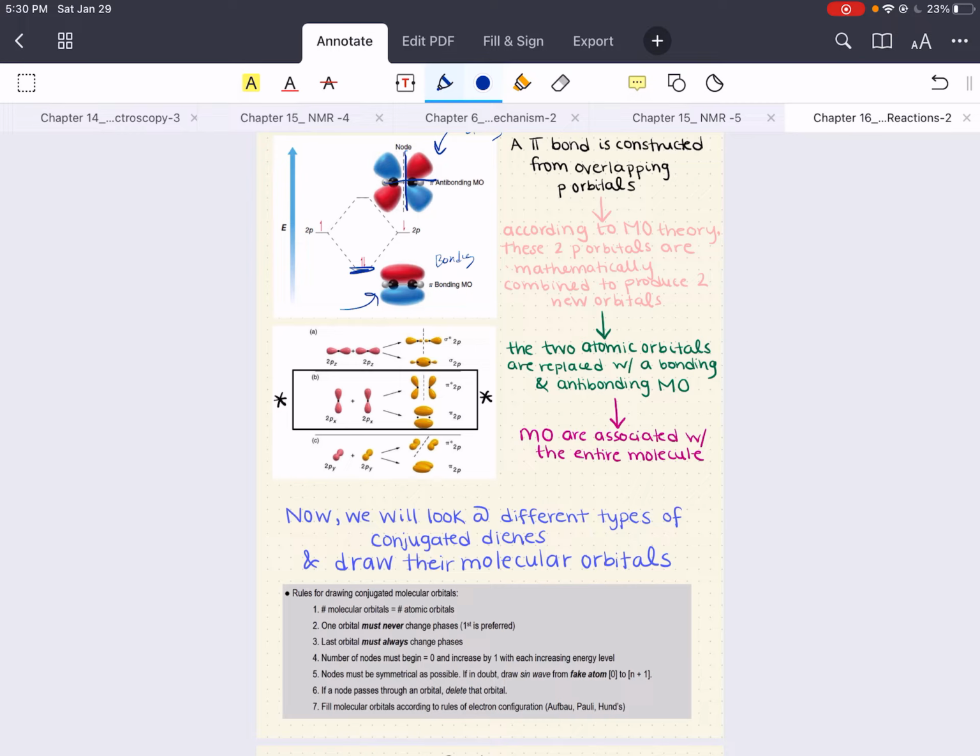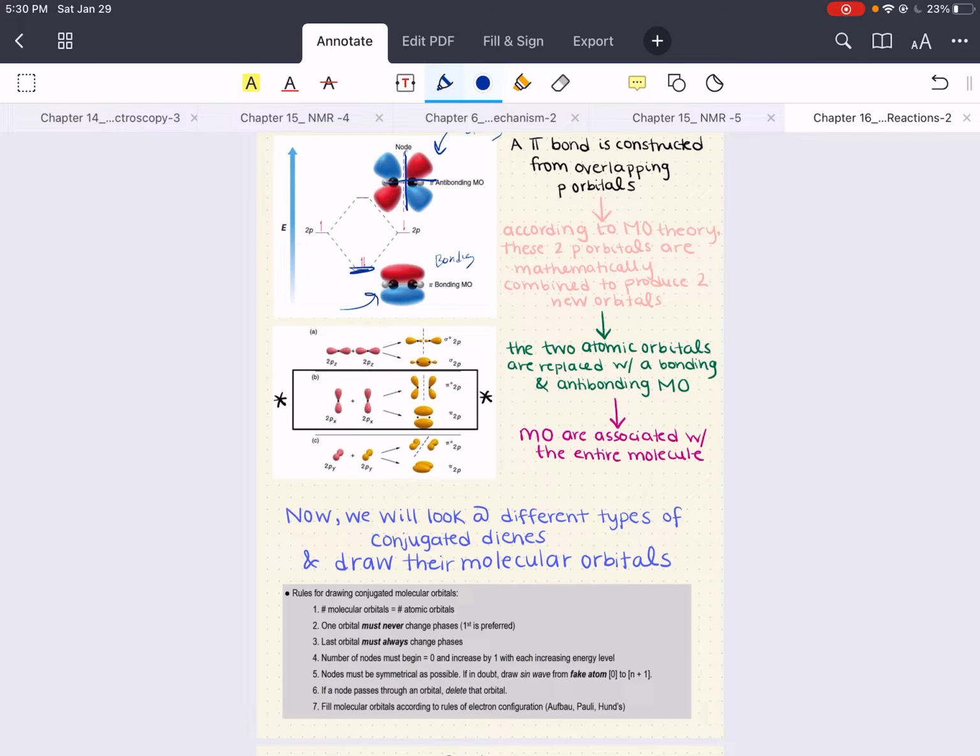Now, let's do MO theory for a conjugated diene. So for molecular orbital theory for, say, butadiene, the four atomic p orbitals are going to be mathematically combined to produce four molecular orbitals. The lowest energy molecular orbital is going to have no vertical nodes.